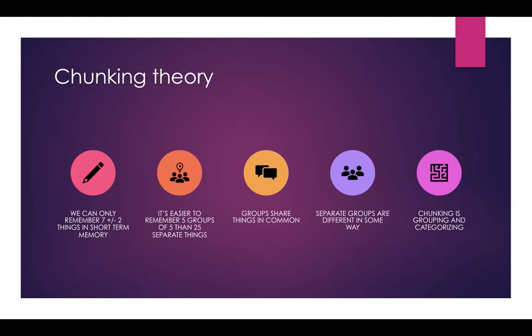The same thing with your brain. One of the reasons for grouping and categorizing is because you're putting it somewhere where you're going to be able to find it. You know that this item is in a certain group, and so you're going to start thinking about that group first, and then you'll be able to access that information a lot easier than if you're just trying to pull it out of nowhere.